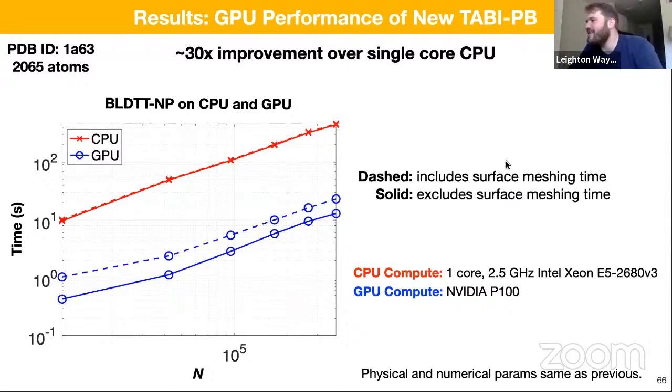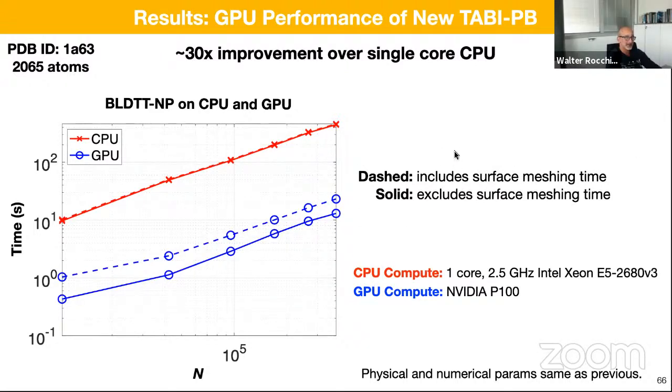And I've dug a little bit into NanoShaper's code and thought about how that might be done. Working on it. Awesome. Yes, that would be very cool, and would be a great addition to this, and would help us out considerably. So these solid lines here, we're just excluding that surface meshing time.